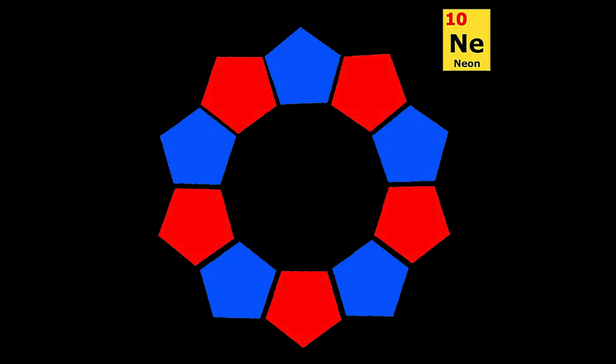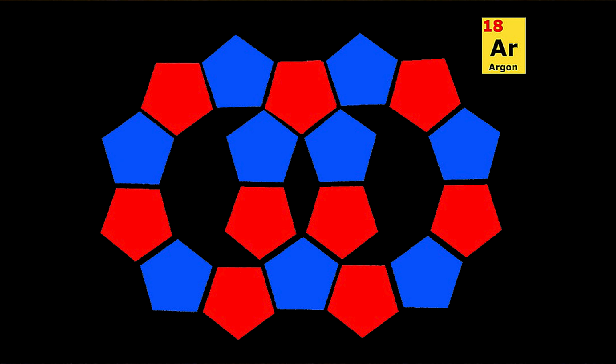So how about 18? Is there an 18 that fits? Well, this is what I came up with, 18. So we know with the Moxlogic how the protons and neutrons sort of overlay each other. And if you have two of these circles overlaying each other like this, sharing that top middle red and the bottom blue, then there's 18 of them.